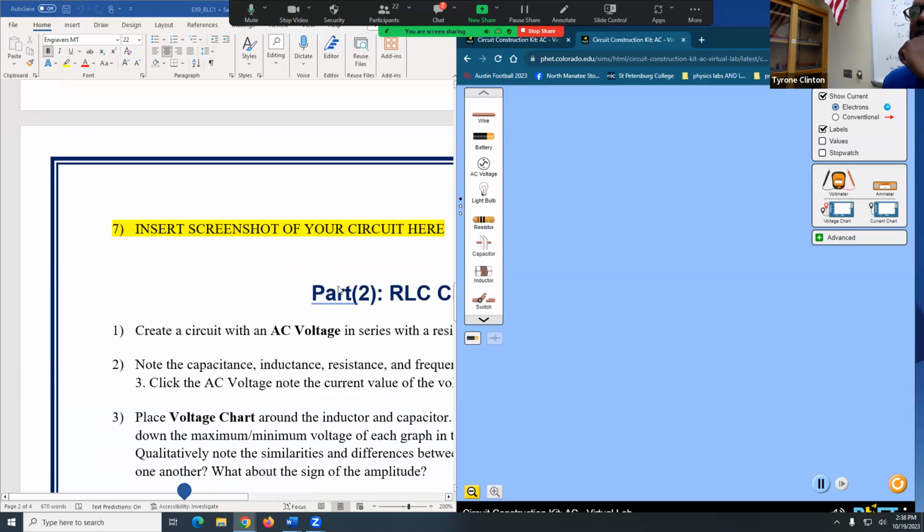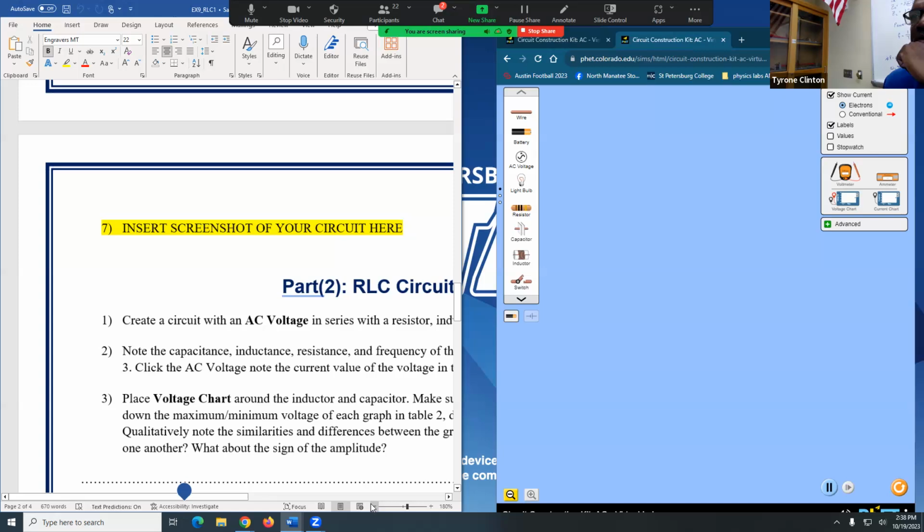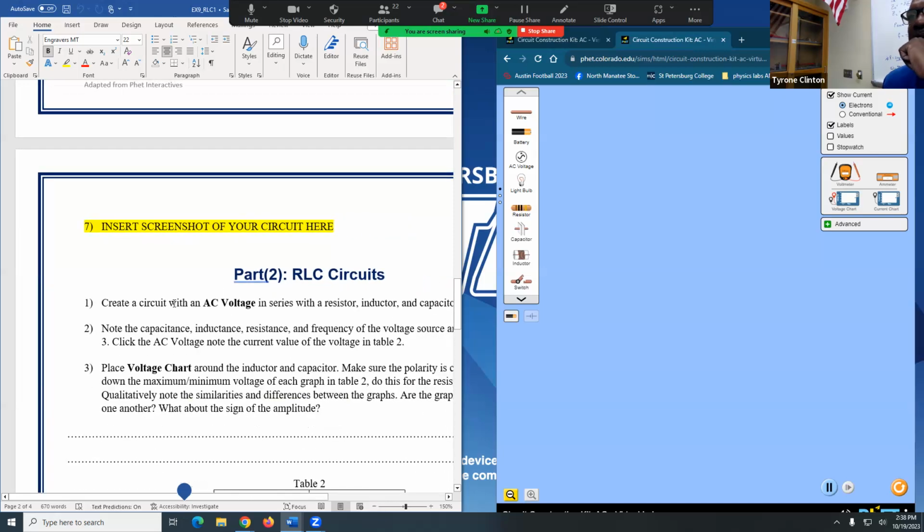So let's look at the second part of this circuit setup, where we're going to have a resistor, that's R, an inductor L, and a capacitor C. And we're going to create a circuit with an AC source.